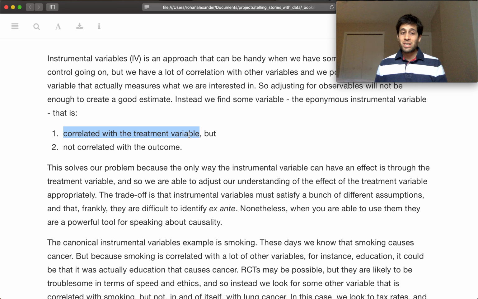However, at the same time, it has to be not correlated, it has to be independent of the outcome. And so you can see that if the treatment variable is correlated with the outcome, and we're requiring that the instrumental variable is correlated with the treatment, then you can see why it might be so difficult for us to find an instrumental variable, because the instrumental variable has to be not correlated with the outcome by itself.